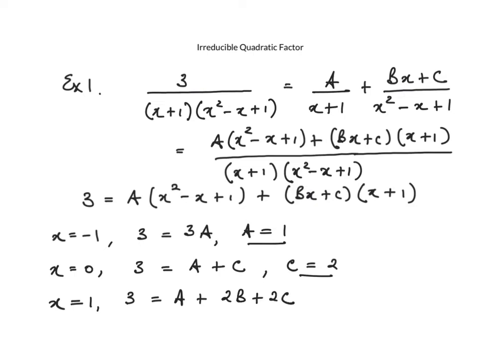Make sure you understand that. So x equals 1 going in here, that gives us a 2, 2 lots of b and 2 lots of c. So 3 equals 1. c has the value 2, so that gives us 4. That means that 2b is equal to minus 2 and b is equal to minus 1.